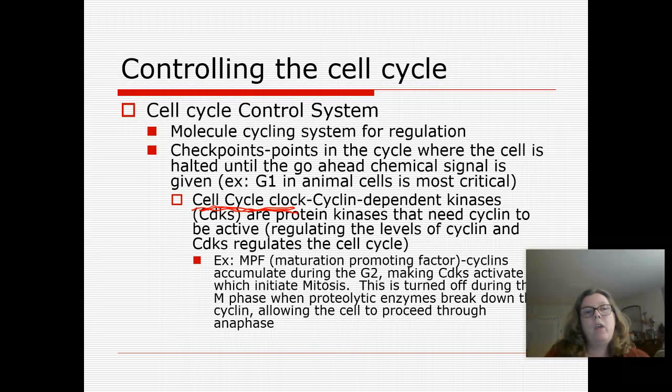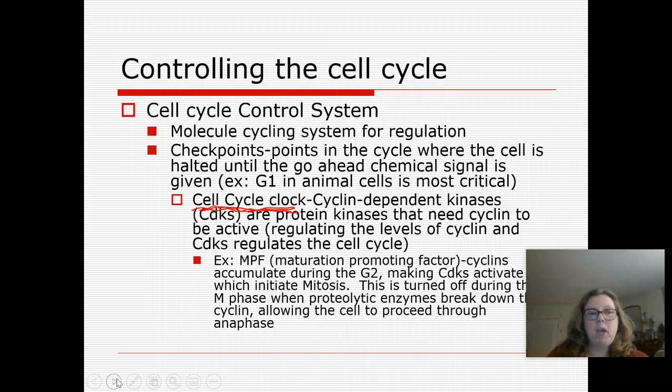Then when you get past that G2 checkpoint and initiate mitosis, other enzymes start to break down the cyclin, decreasing the amount of the MPF in the cell. And then you start to see drops in those levels, and you can get into the M phase of mitosis more easily and allow that to proceed.